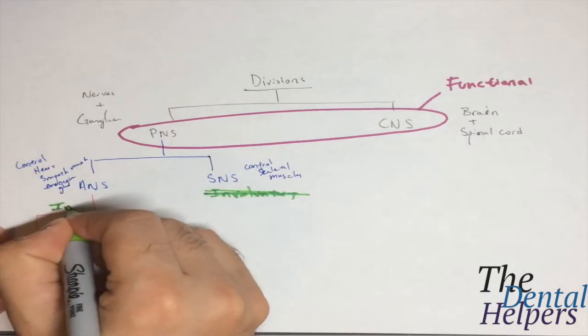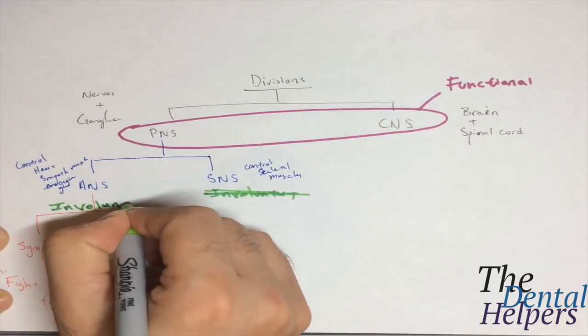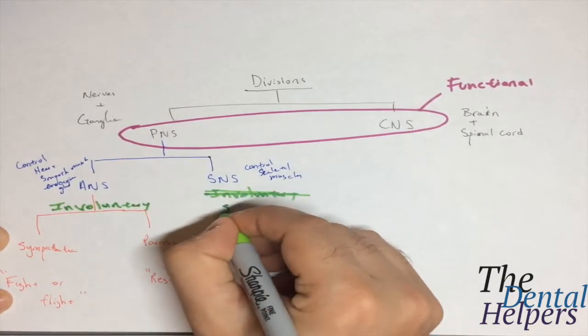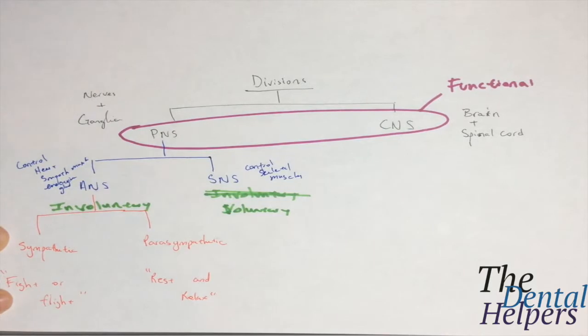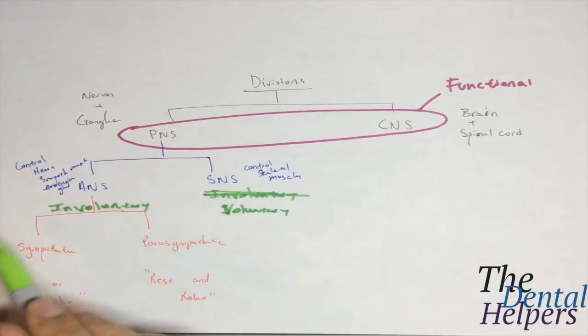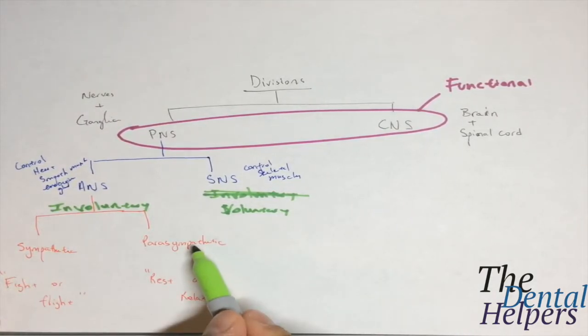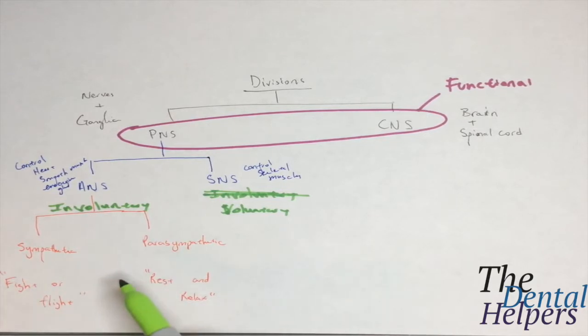The autonomic is the one that's involuntary, while the somatic is voluntary. And the reasoning is, when we're looking at the sympathetic and parasympathetic, this is all stuff that we don't actually control. It's all controlled for us by the body.